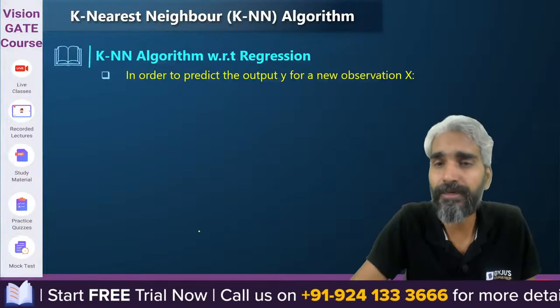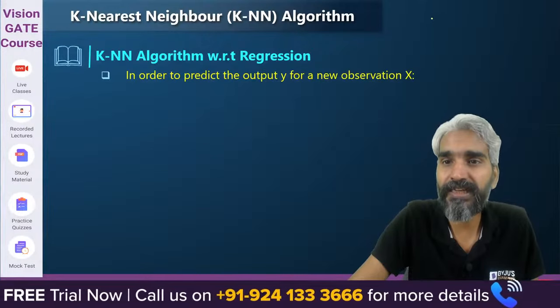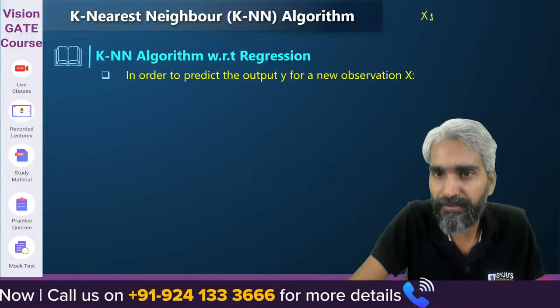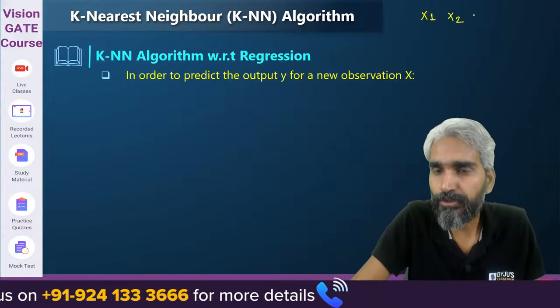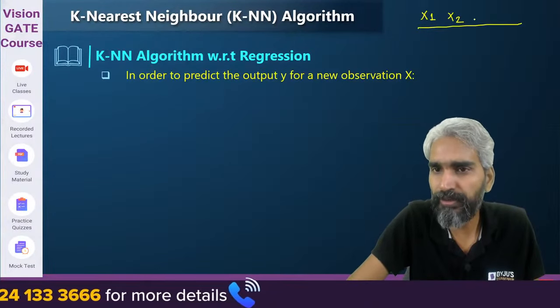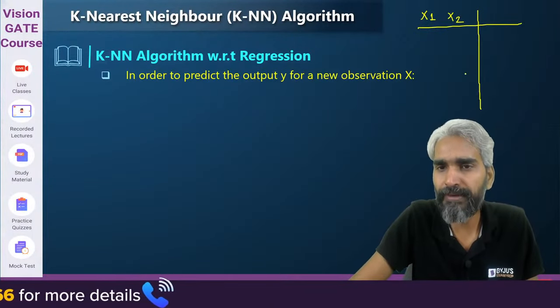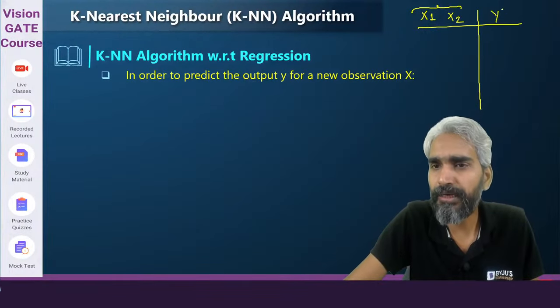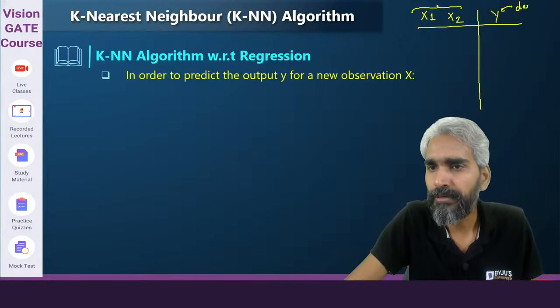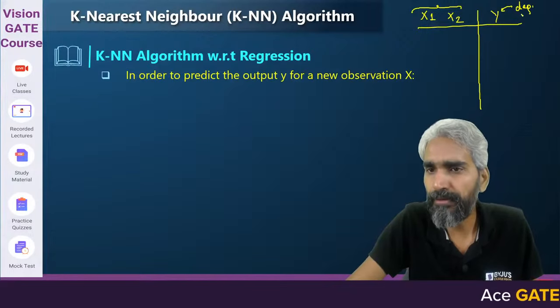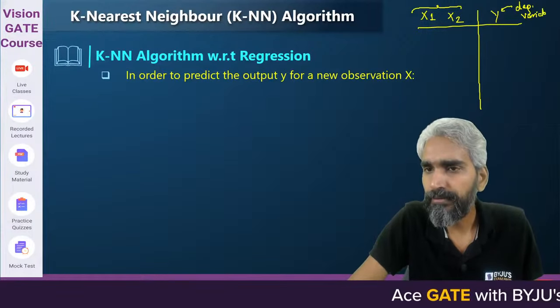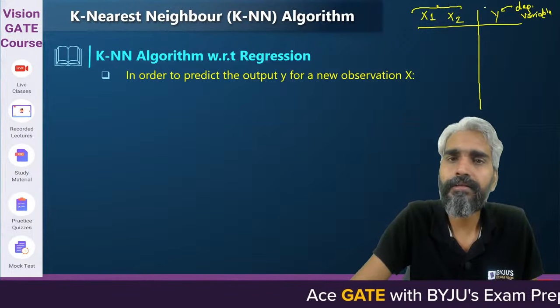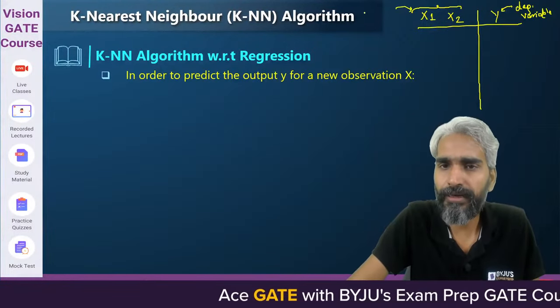Again we are doing the same thing. Let's take only two independent variables, x1 and x2, and y is your dependent variable, which can take any real value.